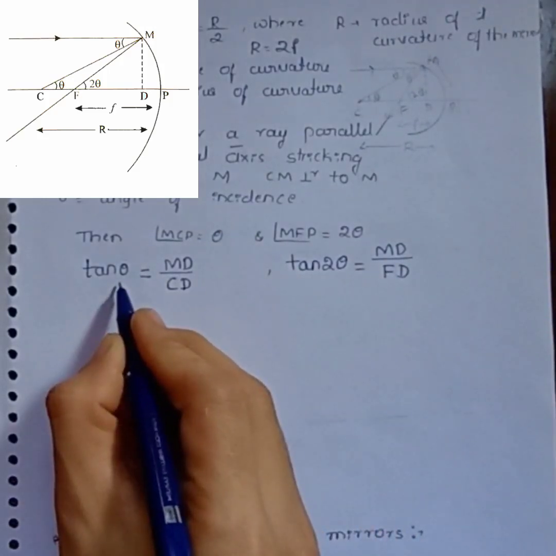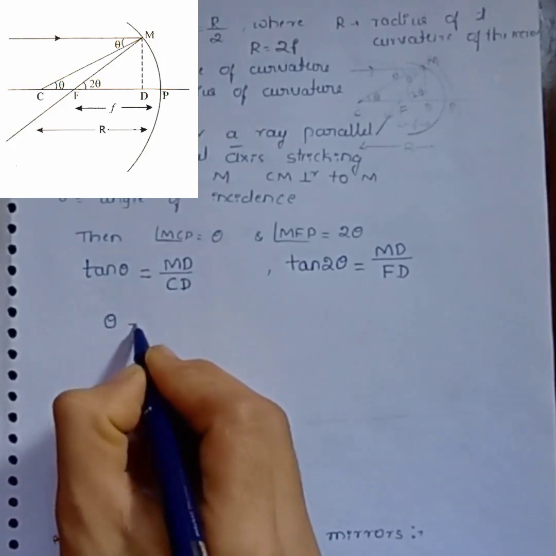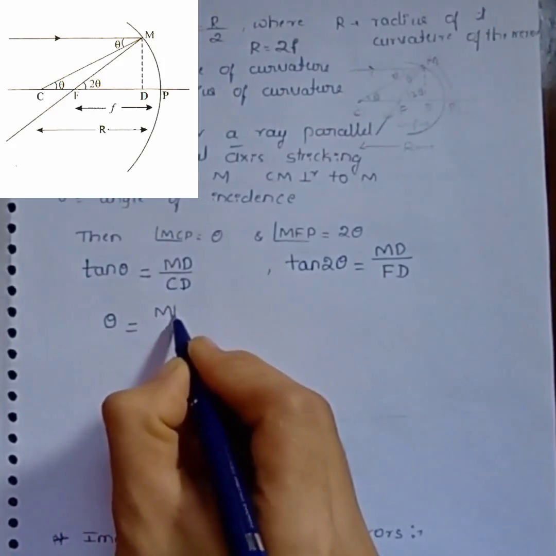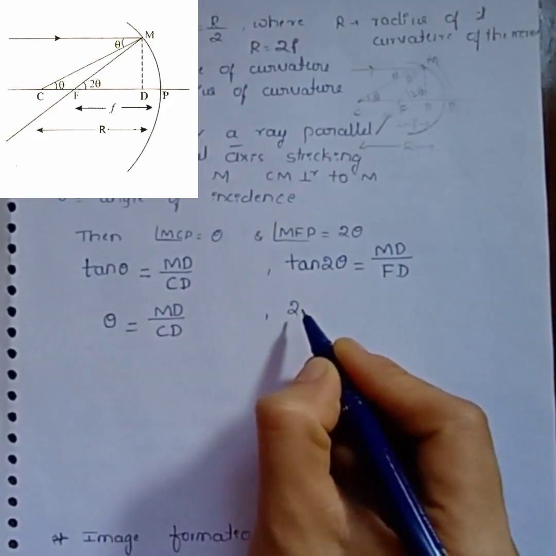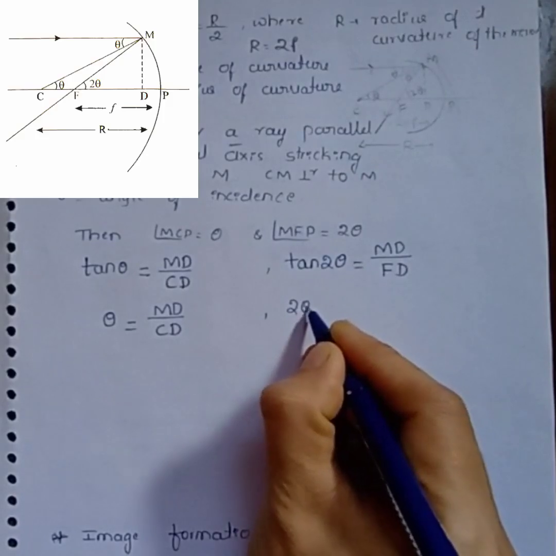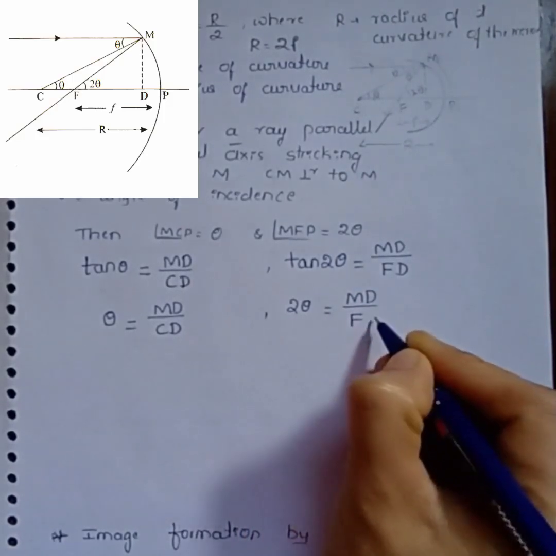Now theta is very small, so tan theta can be considered as small theta, which is equal to MD divided by CD, and 2 theta is equal to MD divided by FD.